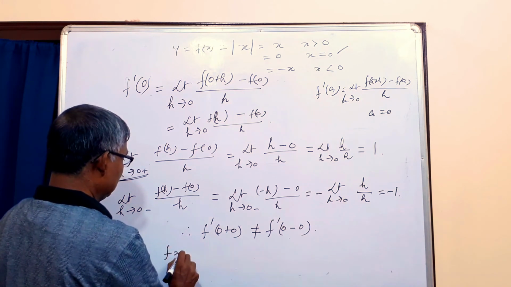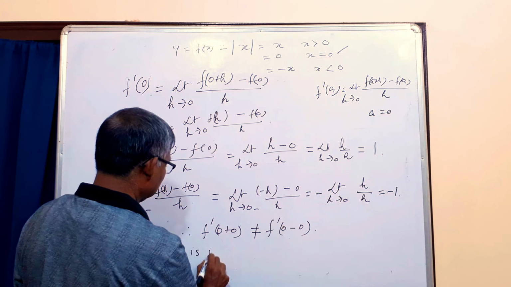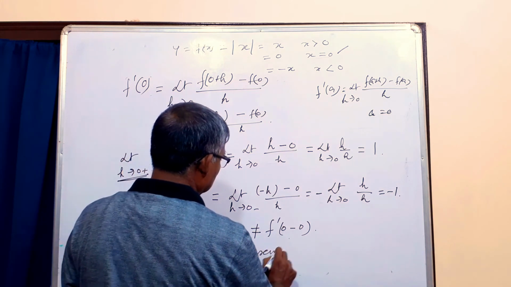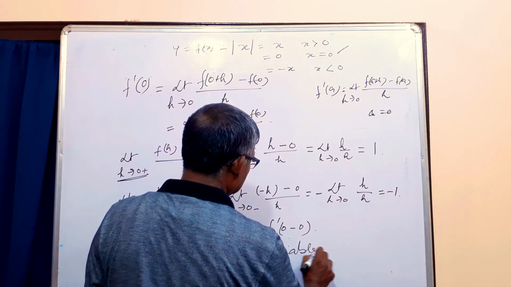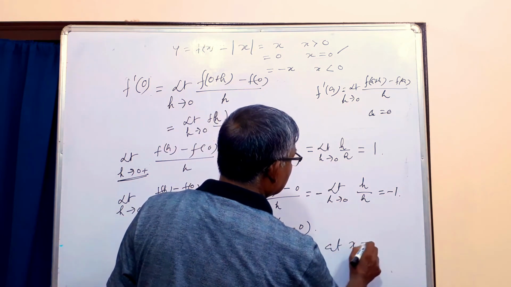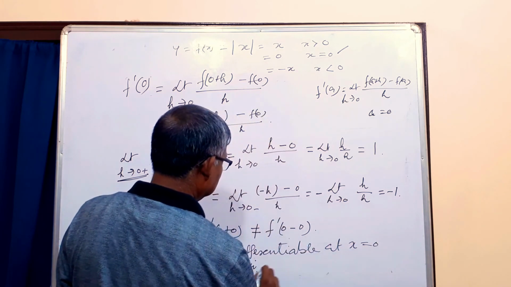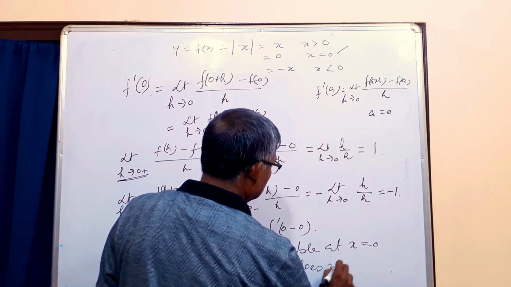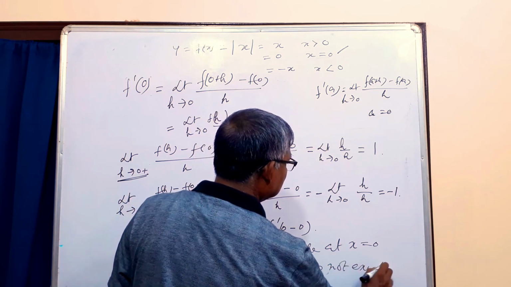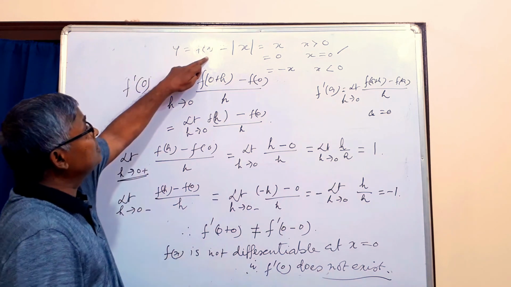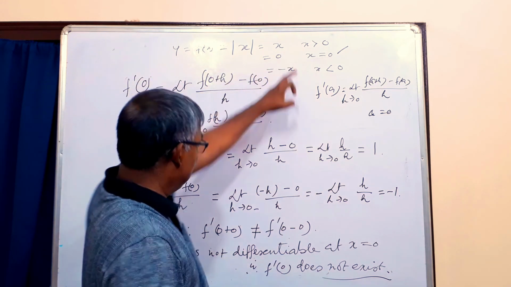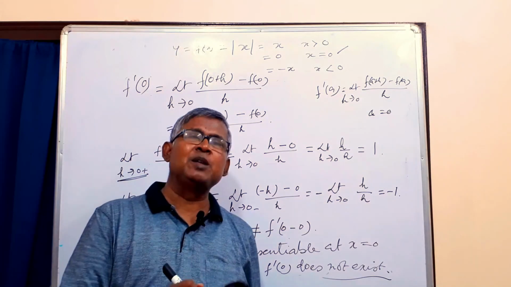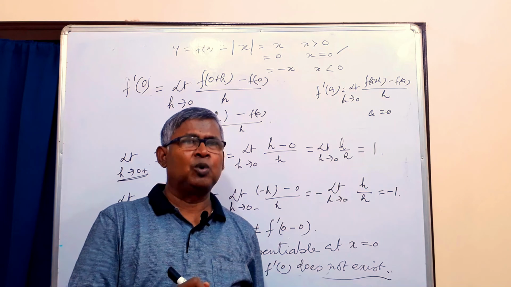Hence f of x is not differentiable at x equal to 0, that is f dash 0 does not exist. So what we see, f of x is continuous at x equal to 0, but f dash 0 does not exist. This chapter is very much important for your higher studies.